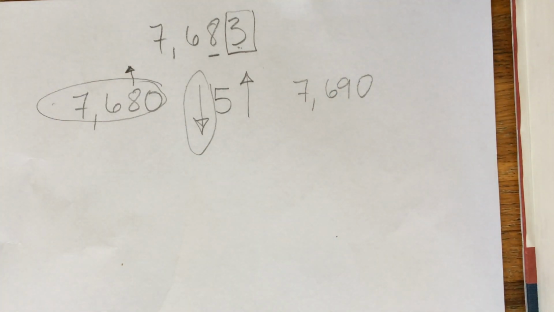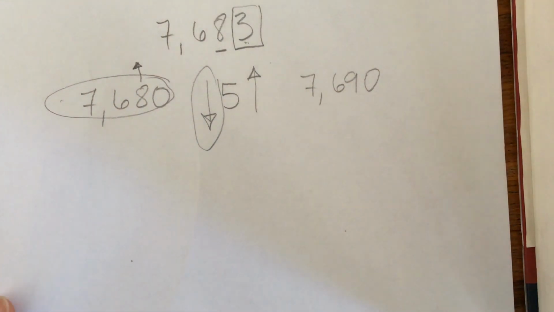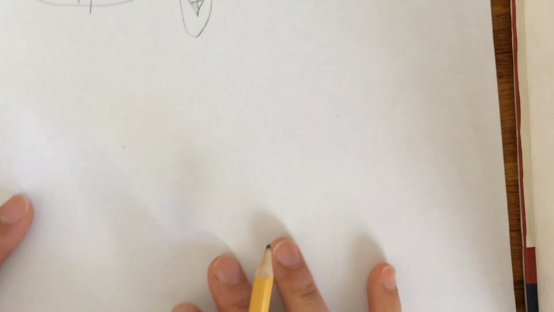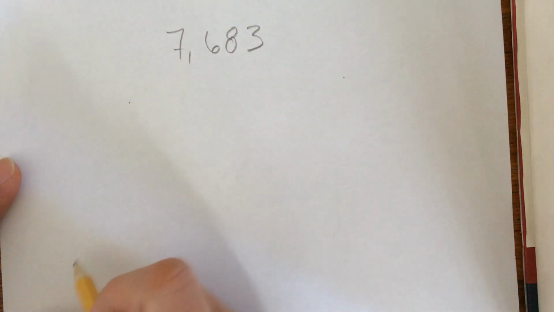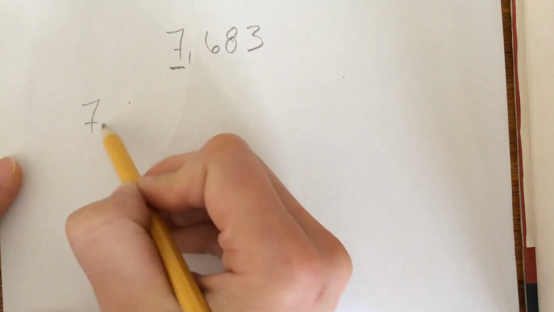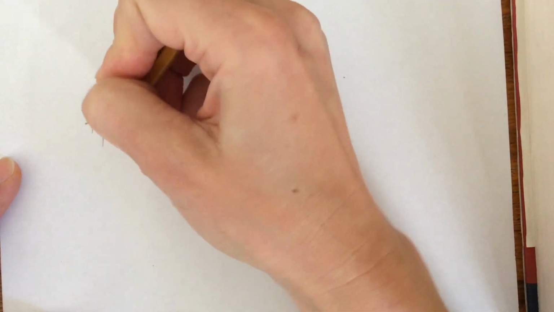Could we do that with the same number, but rounding to the 100 or the 1,000? We sure could. Let's take this same number, 7,683, and round it to the nearest 1,000. Pause the video and come back, please. Well, this is 7,000. And I ask my students, what's 1,000 up from that?